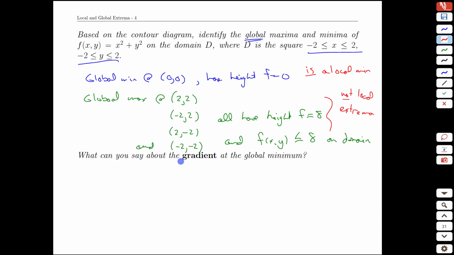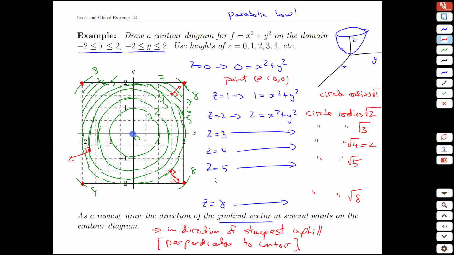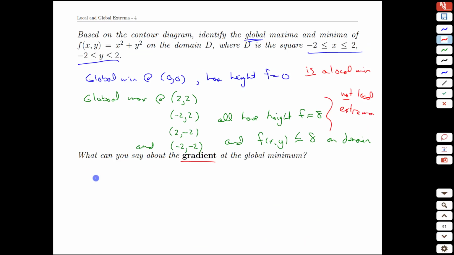And one of the things that we can say about that point is something about its gradient. If you think of the direction of steepest uphill ascent from that point, well, it'll have to be the direction perpendicular to the contour. But the contour is a dot. How can I be perpendicular to a dot? Well, you can't. I can only have a vector with no direction if the vector we're talking about is the 0 vector.